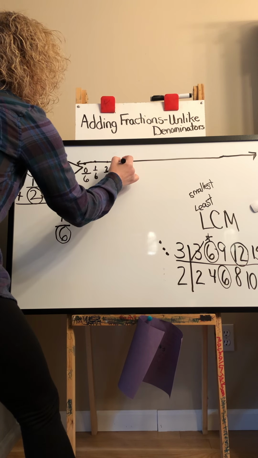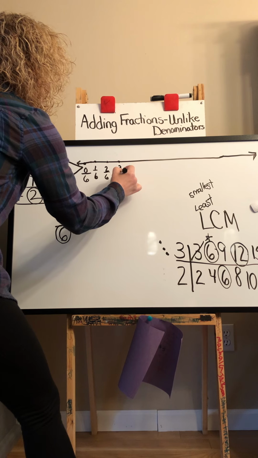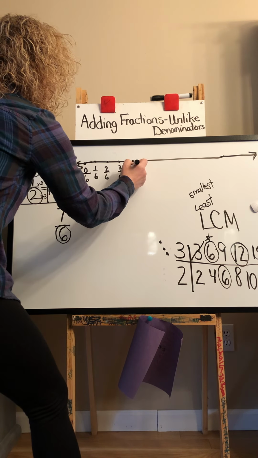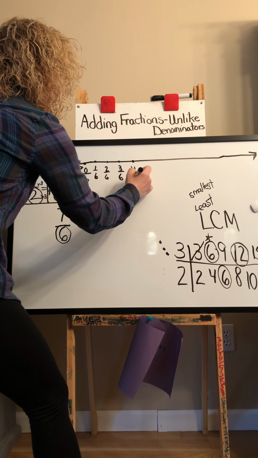I'm trying to make sure each part is equal distance apart, each increment or part. So number line is my favorite choice of drawing pictures.